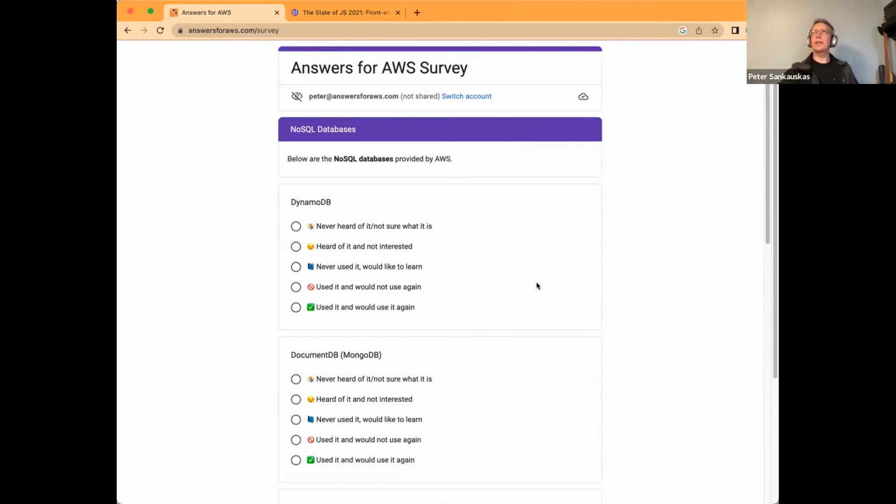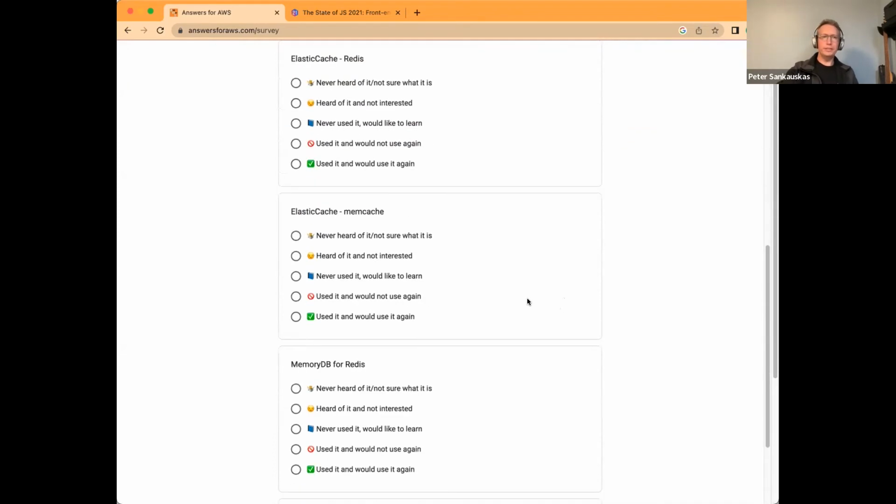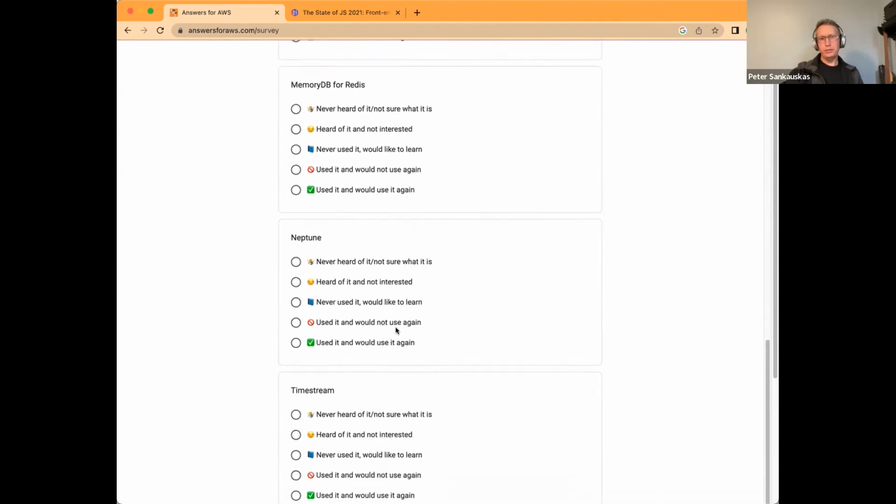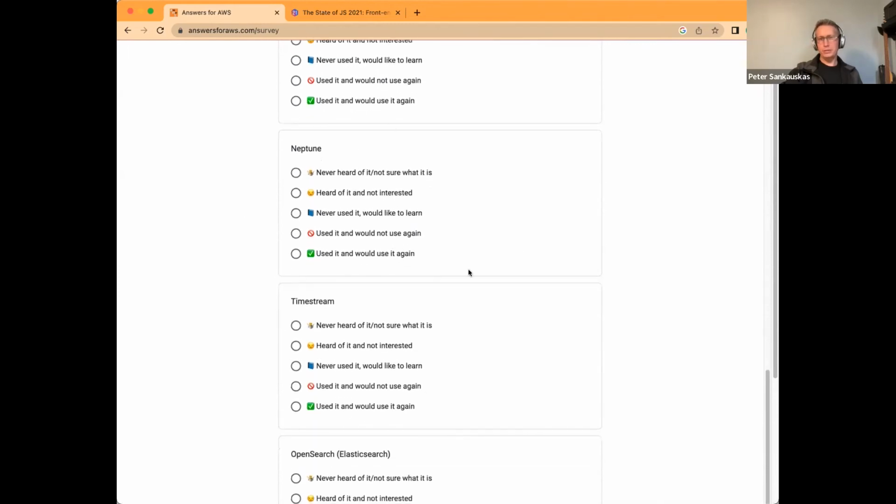Like, I haven't had a graph problem, and so haven't taken something like Neptune for a spin yet. But if I did, that would be where I would go. And I would be curious to know, are people actually using Neptune, or are they using Neo4j? Which path would I go? That would be one of the things that I might have a look at here.